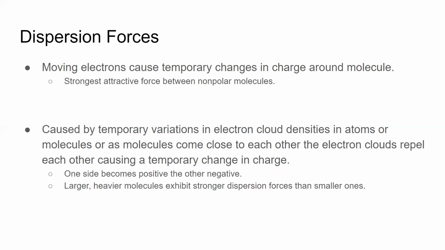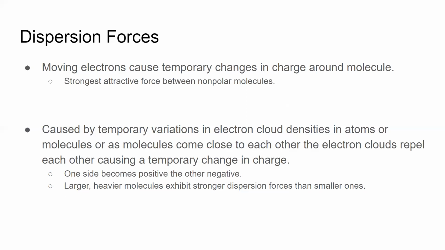Occasionally you're going to have a larger density around one side than the other, causing a very, very temporary partial charge. One side of that molecule is going to be positive, the other negative, allowing for attraction between other molecules that are doing the same thing.